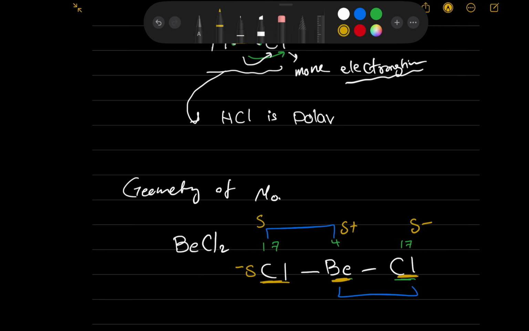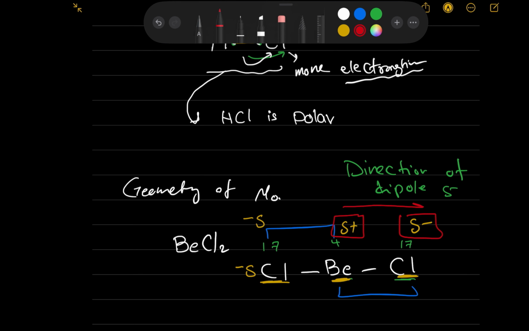If you ask me about the direction of the dipole, the direction of the dipole points to the more electronegative atom, the strong atom, to the partially negative. So if we want to describe that in terms of an arrow, you have partially positive and partially negative, and the arrow should be going to the negative part. And if we go to the second bond, it goes to the negative one here.